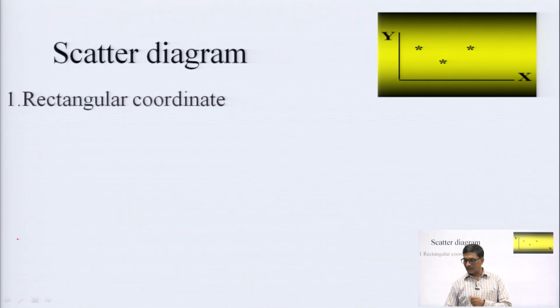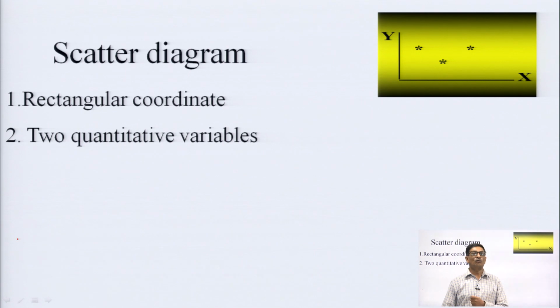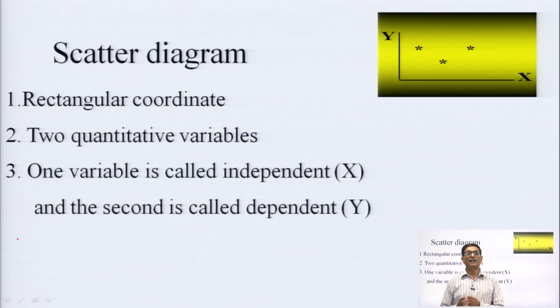A scatter diagram contains rectangular coordinates and two quantitative variables. The independent variable is generally taken on the x axis and the dependent variable on the y axis.